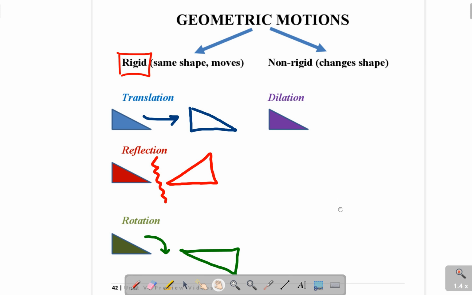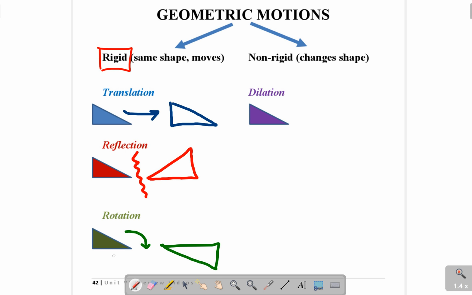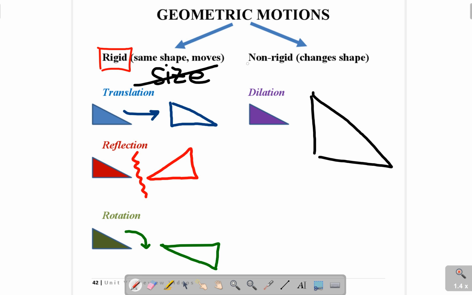All the same sides. Dilation means to change the physical size but stay the same shape. So that's dilation. These are called rigid because the size doesn't change. Whereas non-rigid, the size does change. On the left is today's lesson. On the right is our next lesson.